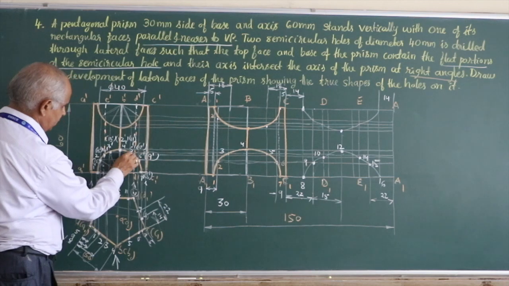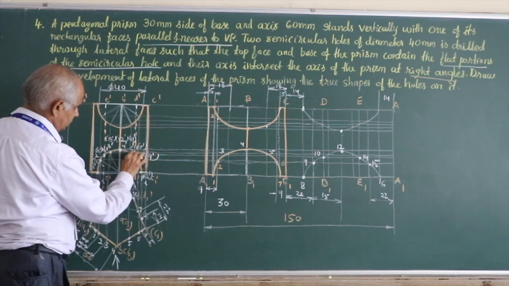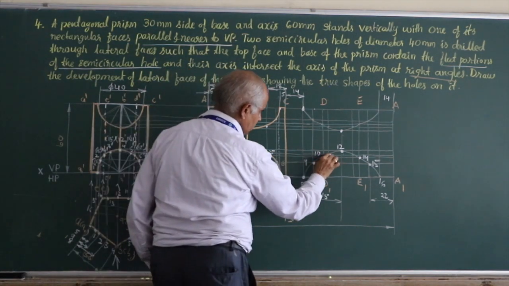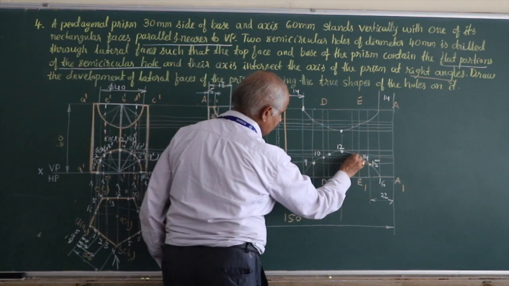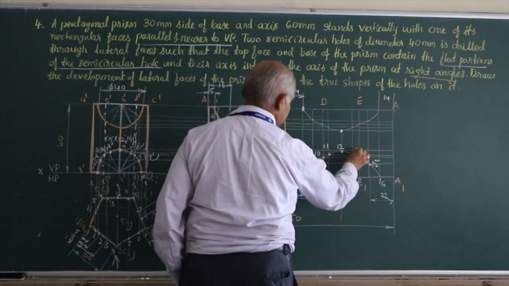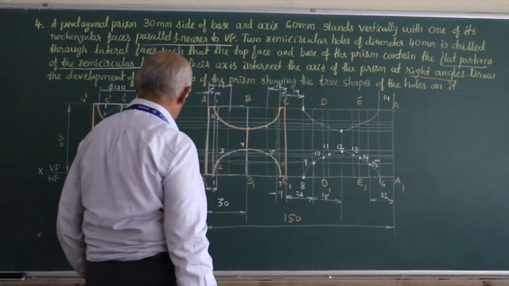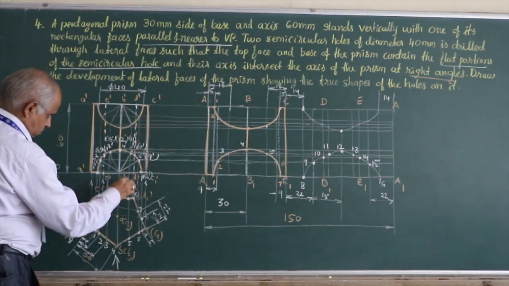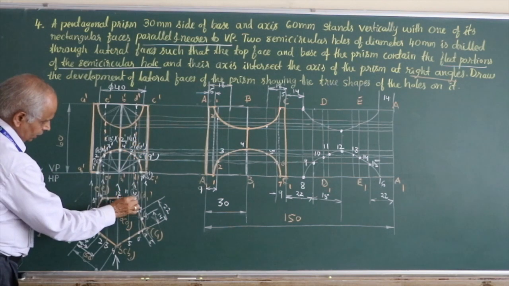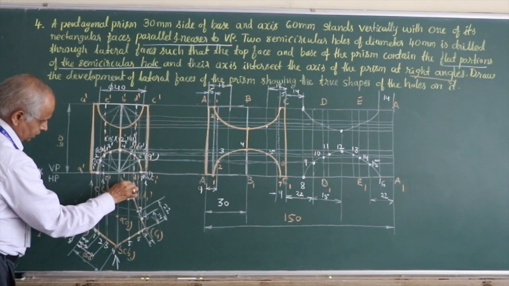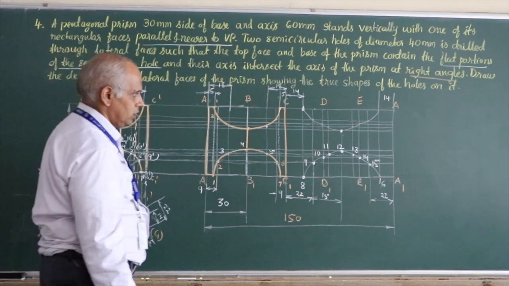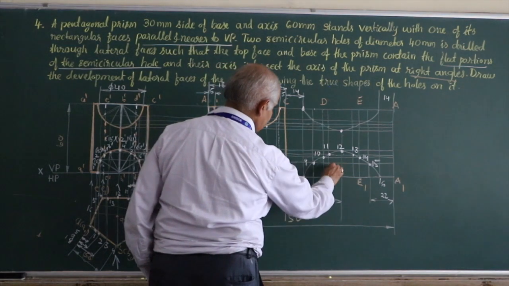So 11 is here. If you project it here, we get 11 and 11 here. So 11 here and 13 here. How do you look at 11? For example, if you project this down, say this is the invisible edge, you measure this distance, and that distance will help you in locating this.